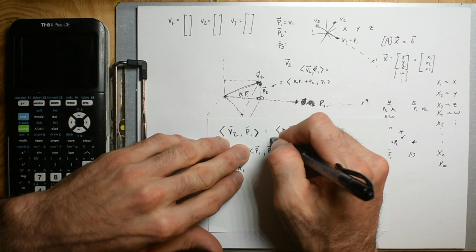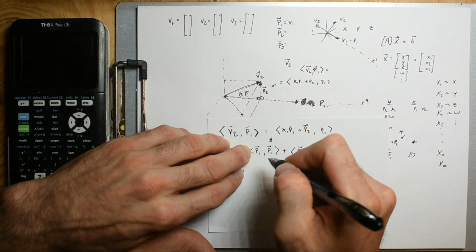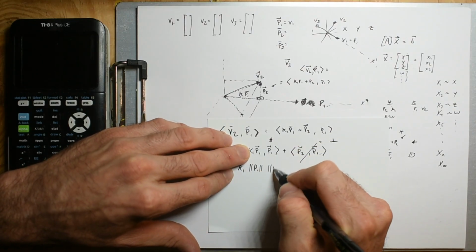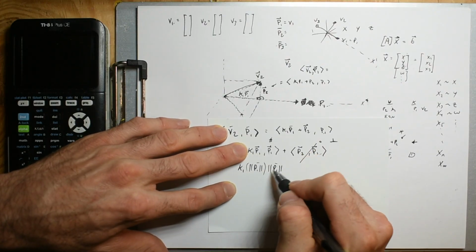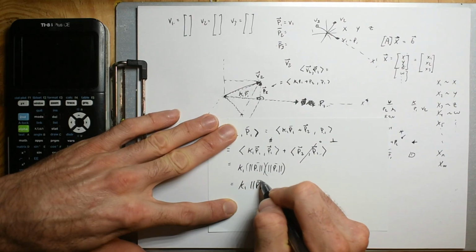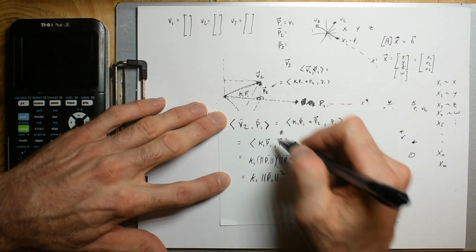Because an inner product is going to give us a scalar. It's going to be the magnitude of P1 and the magnitude of P2. So I will write it this way twice. It's the magnitude of these two vectors. So K1 is P1 squared. And now we have our relationship.